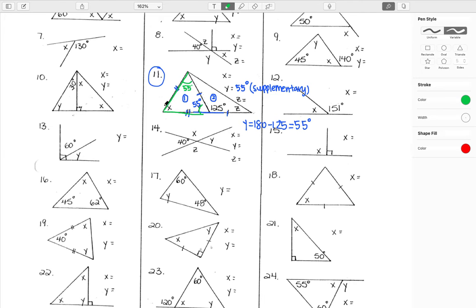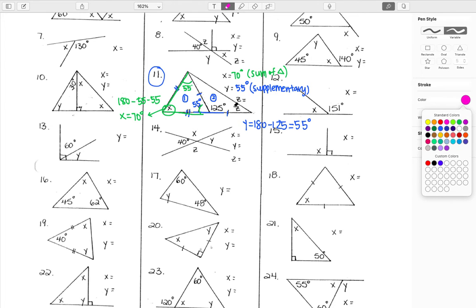To find x, we know that the sum of a triangle is 180 minus 55 minus 55, which gives you 70. So 70, and the reason is the sum of a triangle.